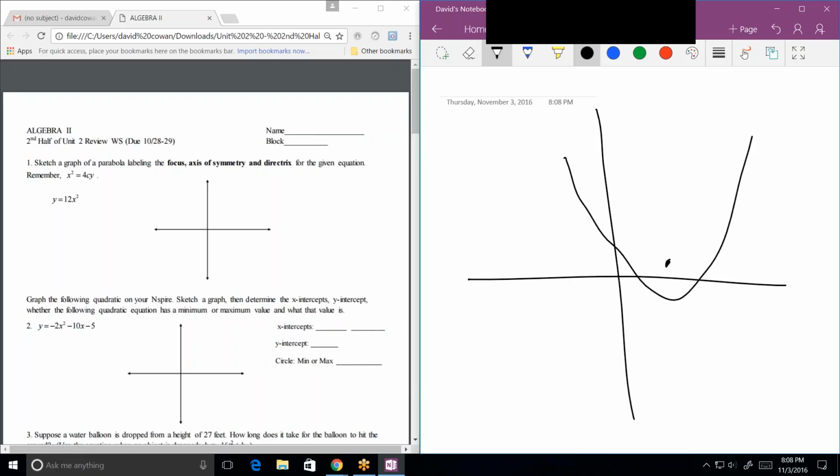There's a focus, always inside, approximately there, and there is a directrix. And the relationship between the two is this distance is p, and this distance is p. In other words, the distance from the focus to the vertex is the same as the distance from the vertex to the directrix. And the directrix is, again, an equation of a line. Okay?